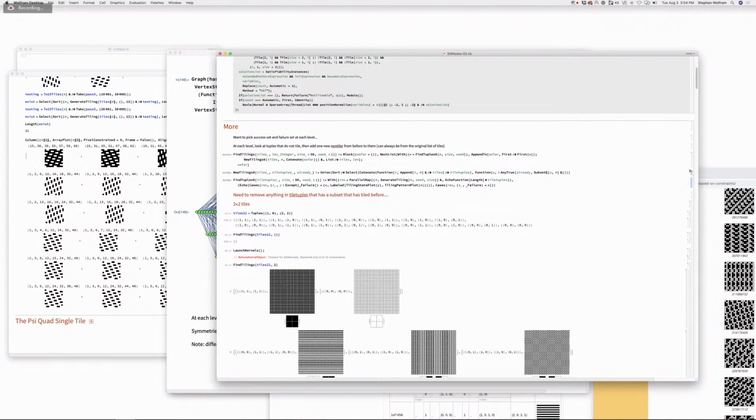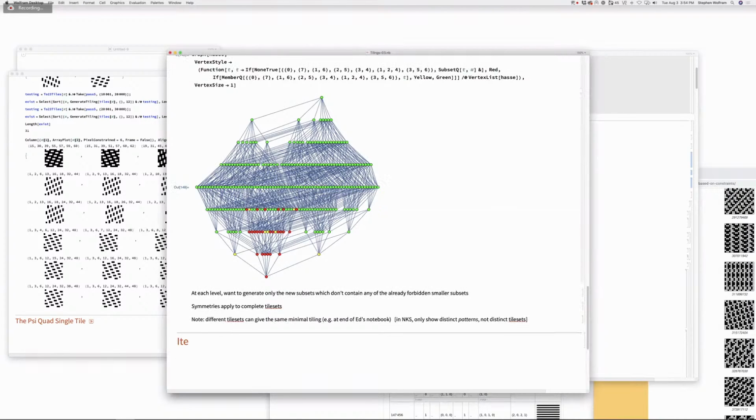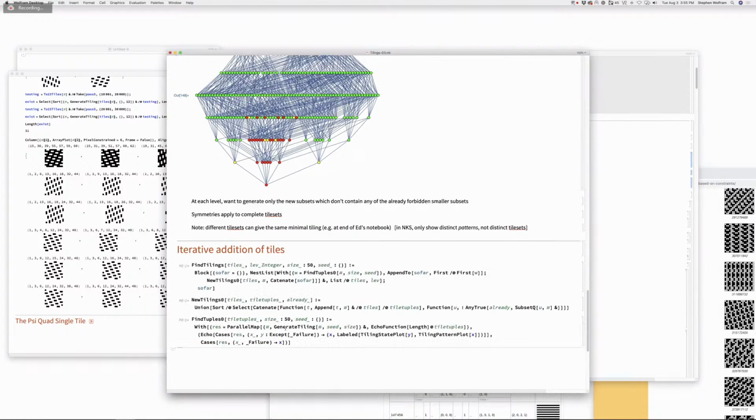Let's go back down here. Iterative addition of tiles, basically. That's what we're doing in this code. All right, let's take a look at what this is doing. I wrote this only a few days ago.